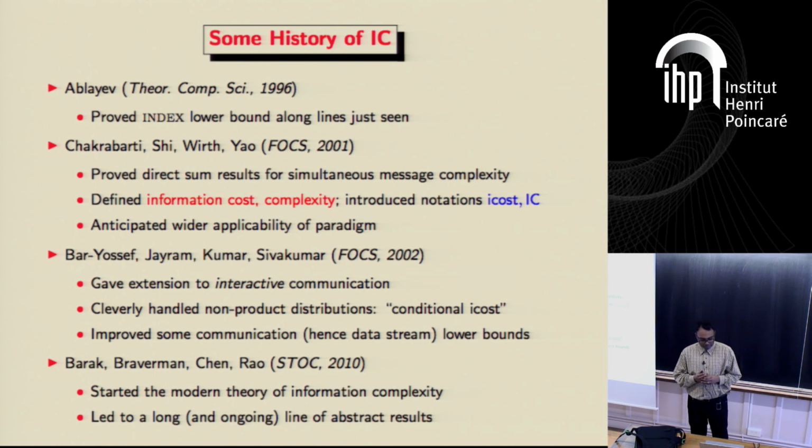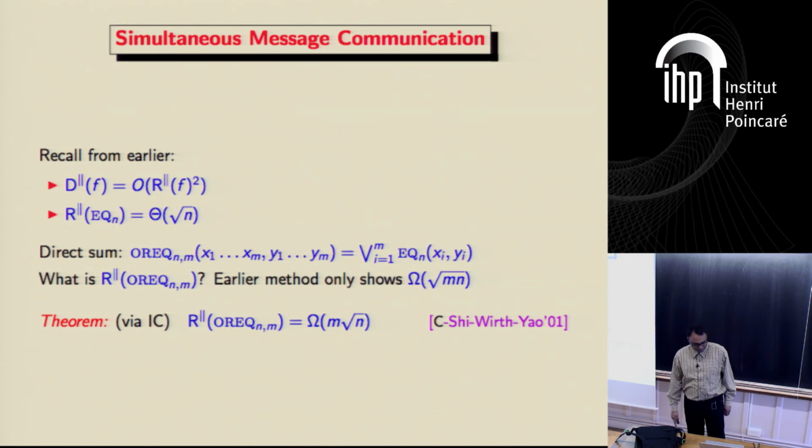And then more recently, actually not so recent anymore, but in 2010, Barak, Braverman, Chen and Rao started the modern theory of information complexity by giving a really general definition that has led to a long line of what I call abstract results. By abstract results, I mean results that apply to an arbitrary abstract function. So they're not trying to analyze any specific function, but trying to say something that holds in general. And we'll see what their main result was at the very end.